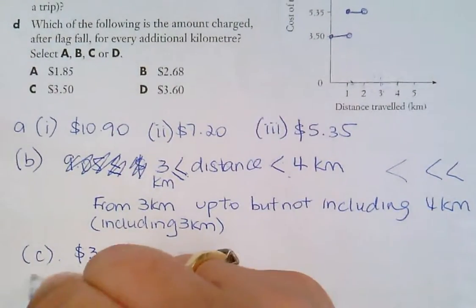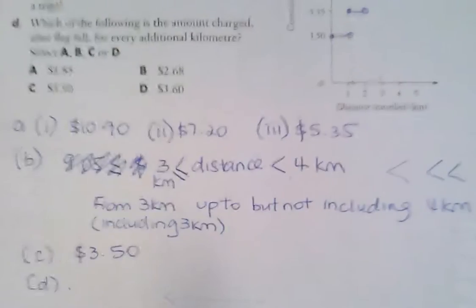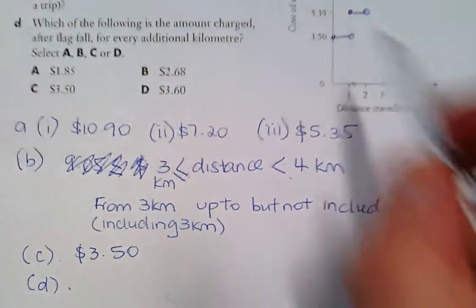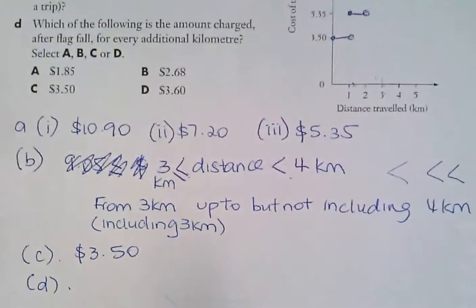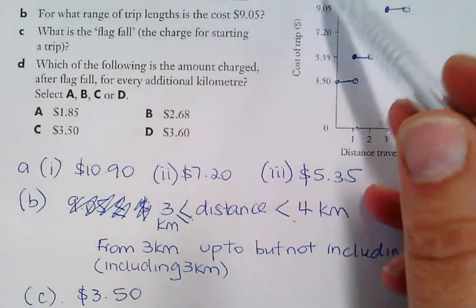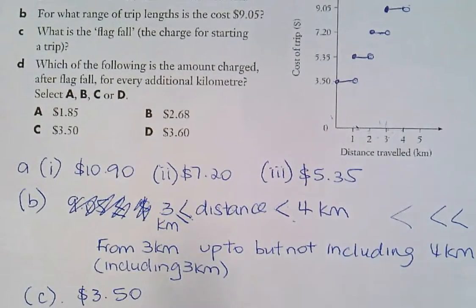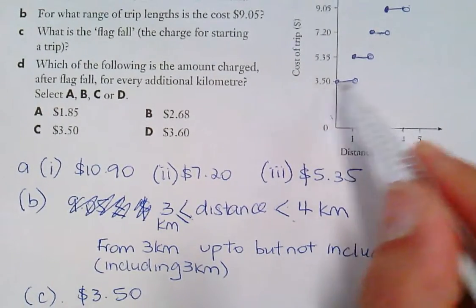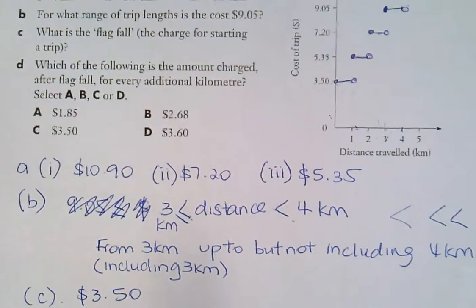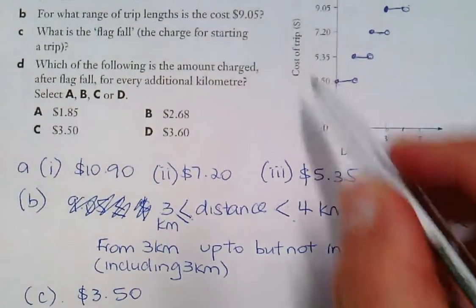Okay, and part D, which of the following is the amount charged after flag fall for every additional kilometre? Do you know what that's asking you? What do you think you're going to do with these numbers? Well, if you travel up to 1 kilometre, it's $3.50. Once you get 2 kilometres, it's $5.35. What should I do with those numbers?